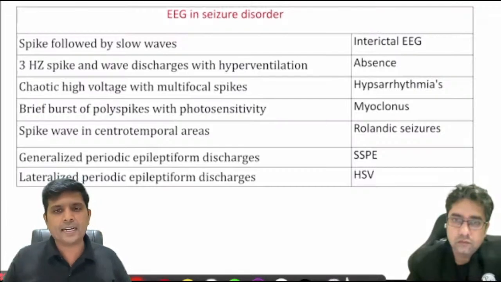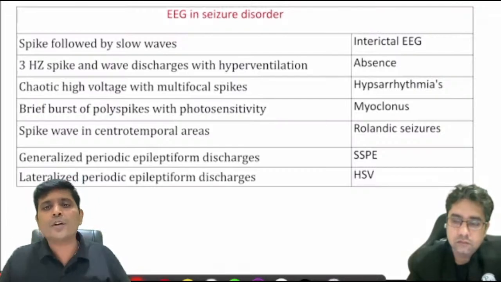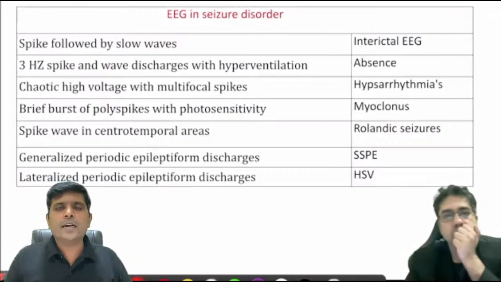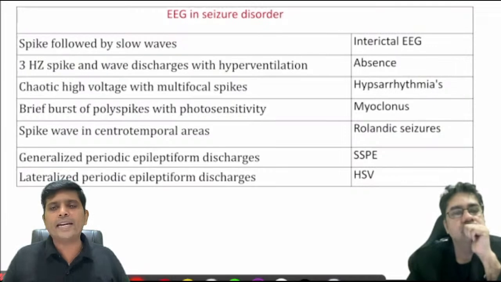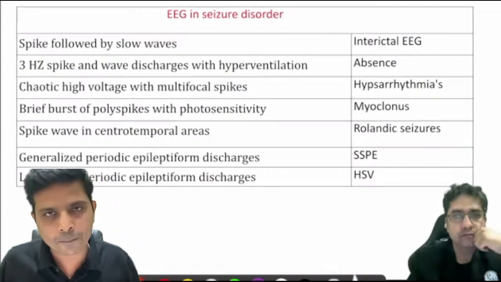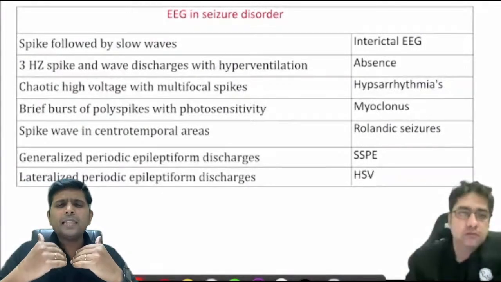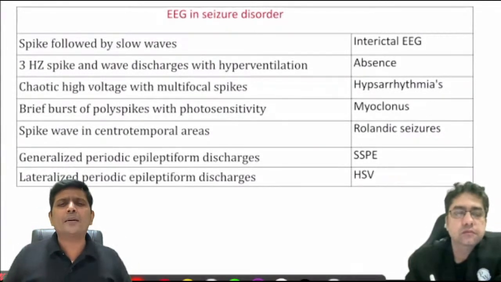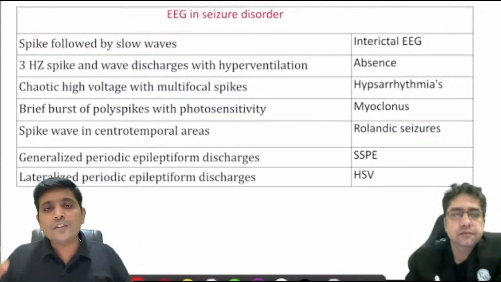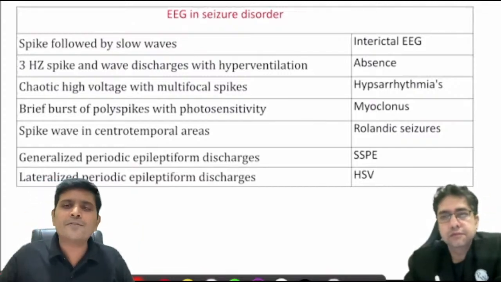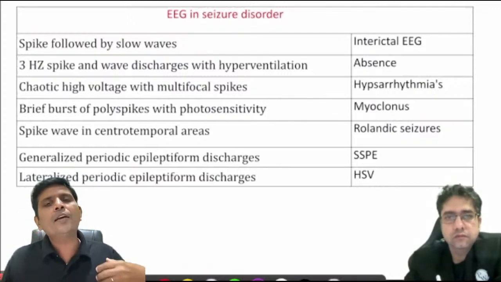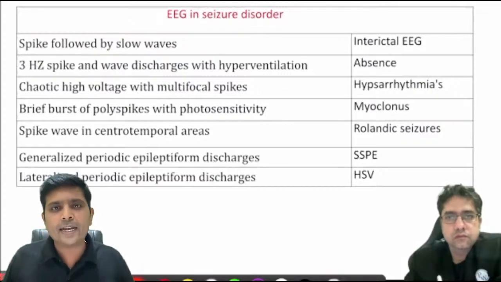With this pattern recognition, right now you need to confirm the diagnosis. How will you confirm the diagnosis? Diagnosis can be confirmed by taking an electroencephalogram. EEG will be taken. There are certain specific markers, I can say specific types of EEG, which will conclude what type of seizure you are dealing with. Sometimes, as we said already, video recording cannot be taken.